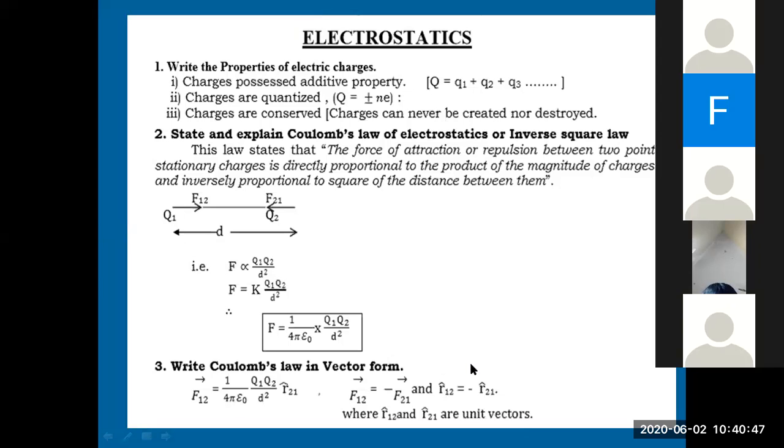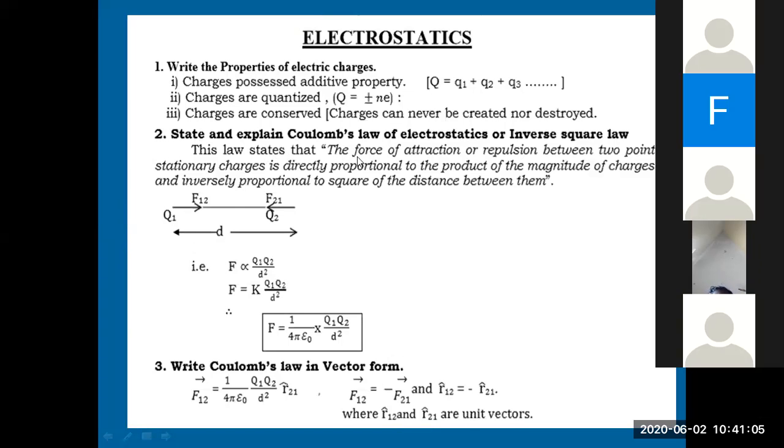Your second question is, state and explain Coulomb's law of electrostatics, which is also called the inverse square law. So what is this inverse square law or Coulomb's law? Observe carefully.